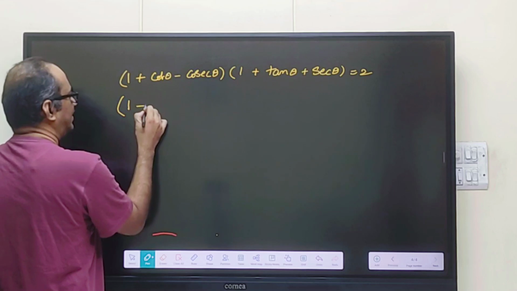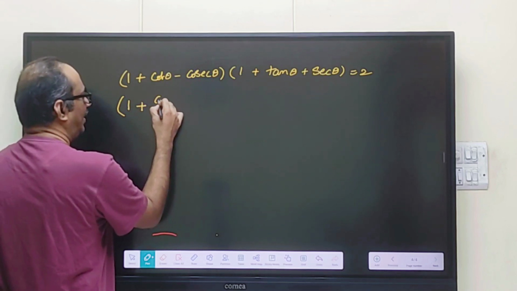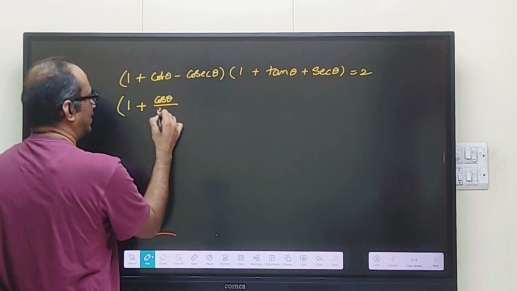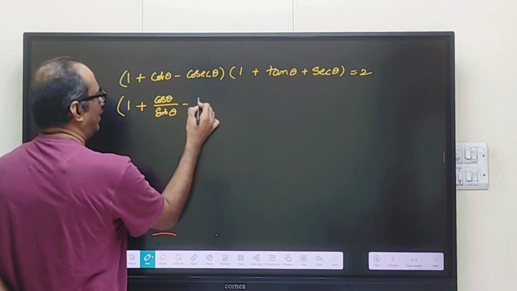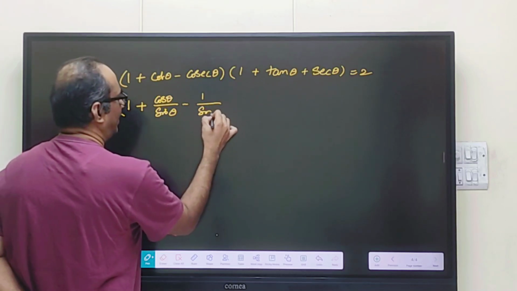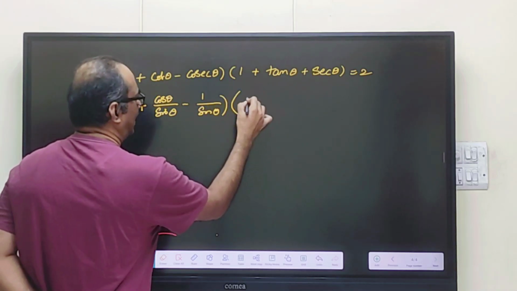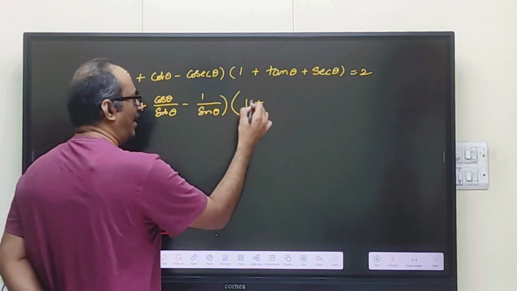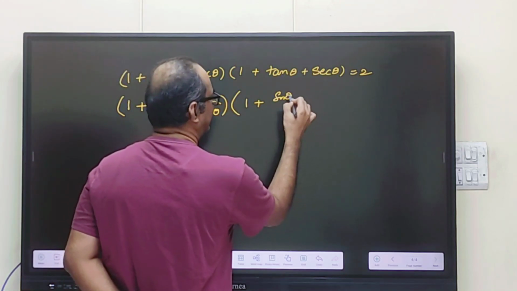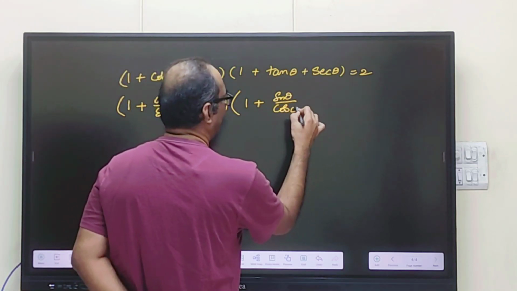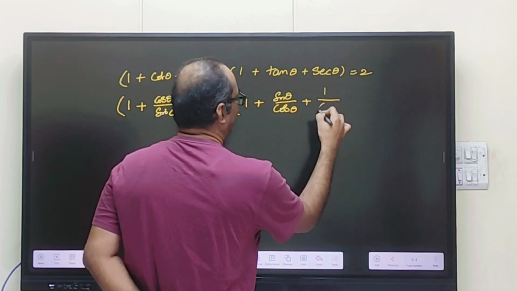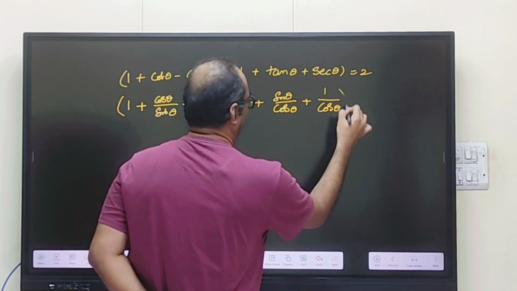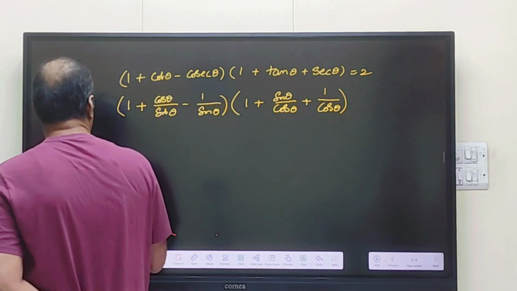We'll keep 1 as it is. This cot theta we will write as cos theta by sin theta. Cosecant theta is 1 by sin theta. And multiply with 1 plus tan theta, which can be written as sin theta by cos theta plus secant theta is 1 by cos theta. Now this is what we need to prove equal to 2.